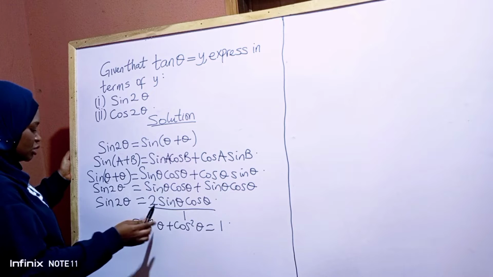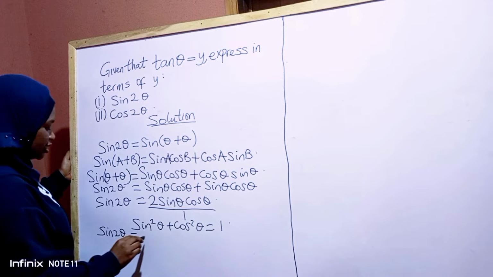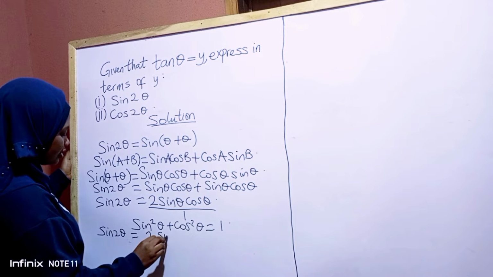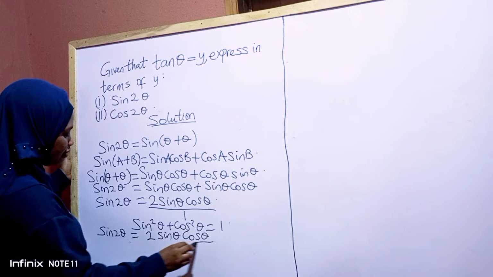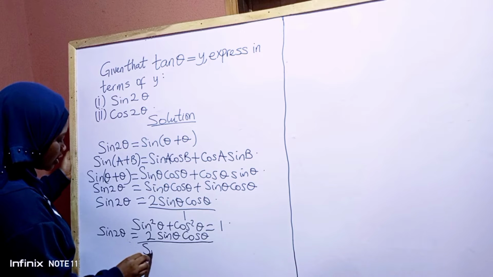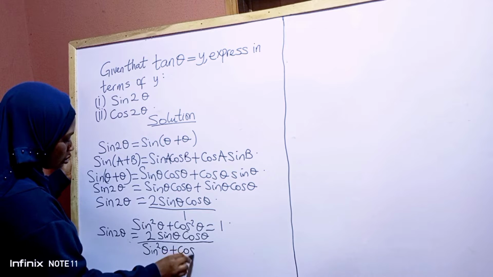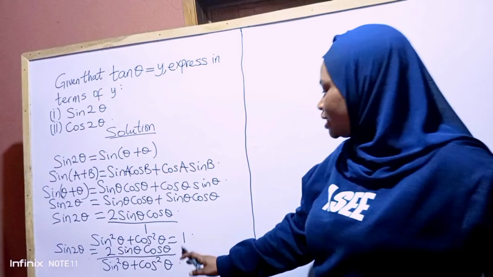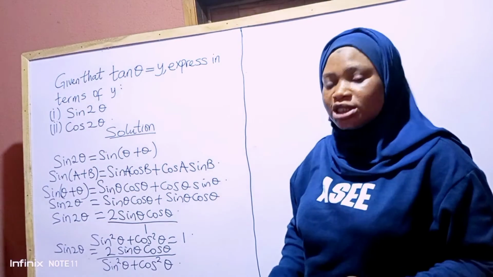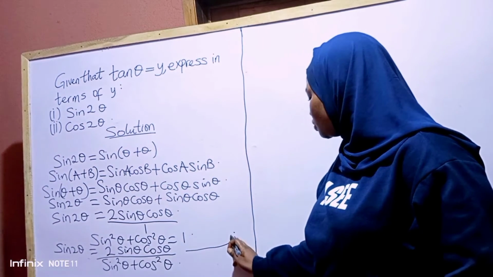It's only for this right hand side. So it's the same thing as 2 sine theta cos theta divided by sine squared theta plus cos squared theta. Sine 2 theta is equal to 2 sine theta cos theta divided by sine squared theta plus cos squared theta. So I can name this one equation 1.